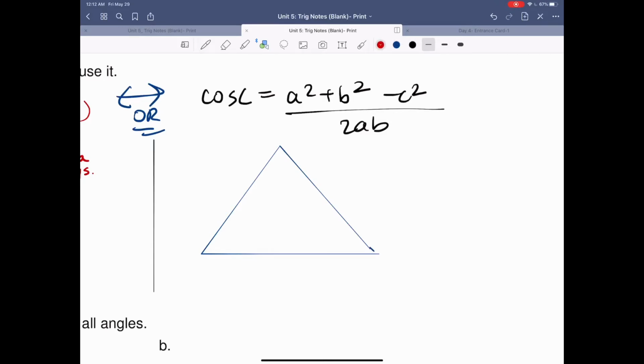In this case, what you see is that you have a side, and a side. And so let's say you have these three sides. Well, you are solving for, let's say, this angle. And notice that the part that you're taking away, the minus c squared, is the side that you're taking away so that you can find the angle that is corresponding to it.